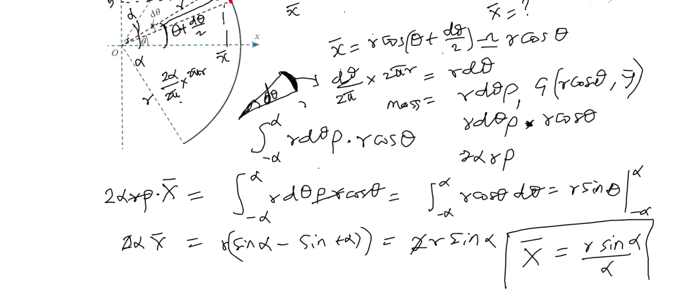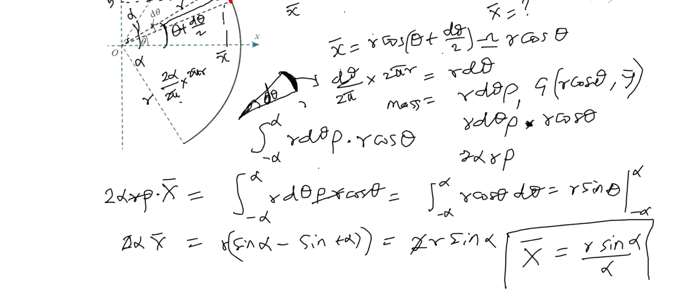The reason why we don't want to take the moment about the x-axis is because we already know. Remember, when we take moment about the y-axis, our target is to find x bar. And if we want to take moment about the x-axis, our target will be to find y bar. But we already know that the center of mass is on the x-axis, which is the line of symmetry.